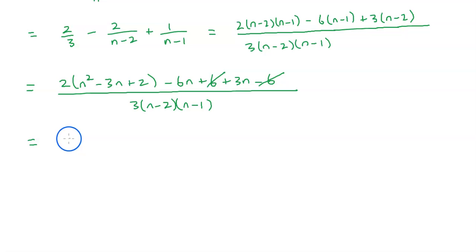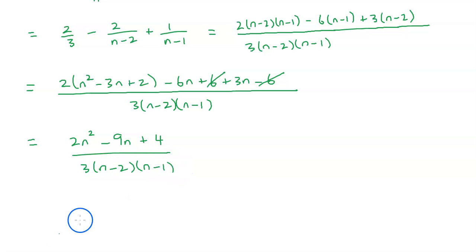Okay, and so this is equal to 2n squared, and then minus 6n, and then minus 3n. So minus 9n, and then plus 4, divided by 3 times n minus 2 times n minus 1.